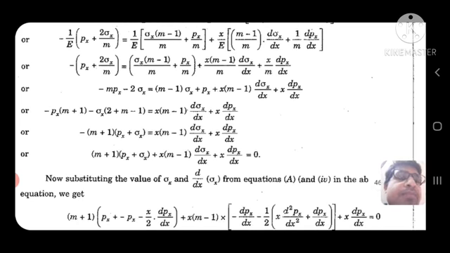plus x by E (m minus 1 by m) d sigma x by dx plus 1 by m dpx by dx.